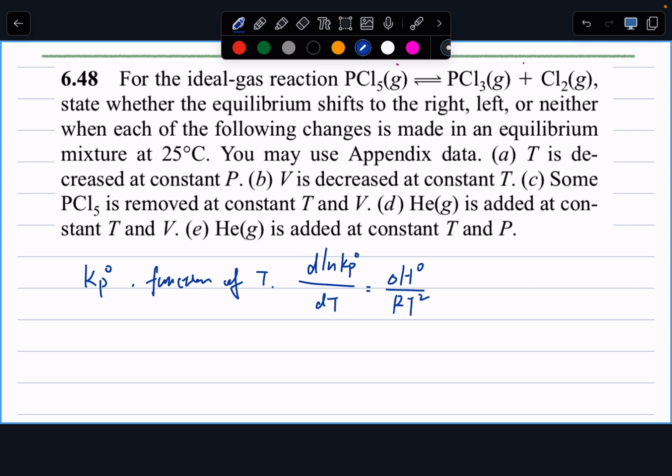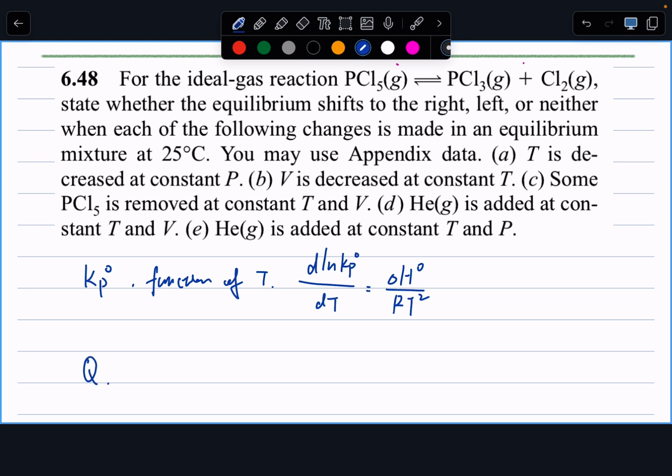If the temperature is not changing, your equilibrium constant is not changing. If the temperature changes, then depending on whether the reaction is exothermic or endothermic, you have different dependence of your equilibrium constant on temperature. And you can get the delta H by looking at the appendix table.